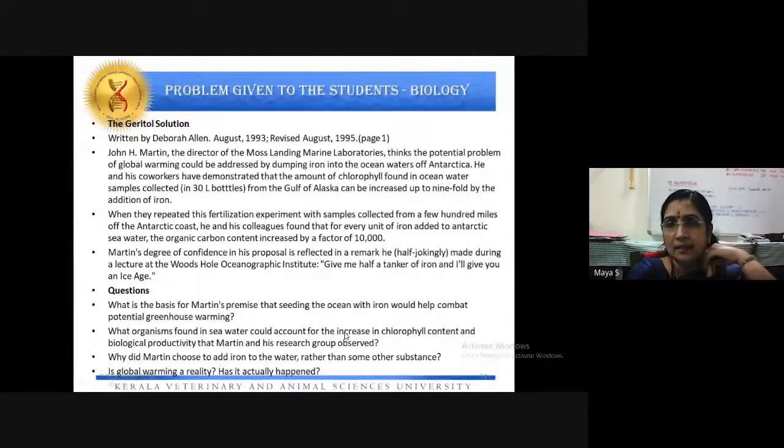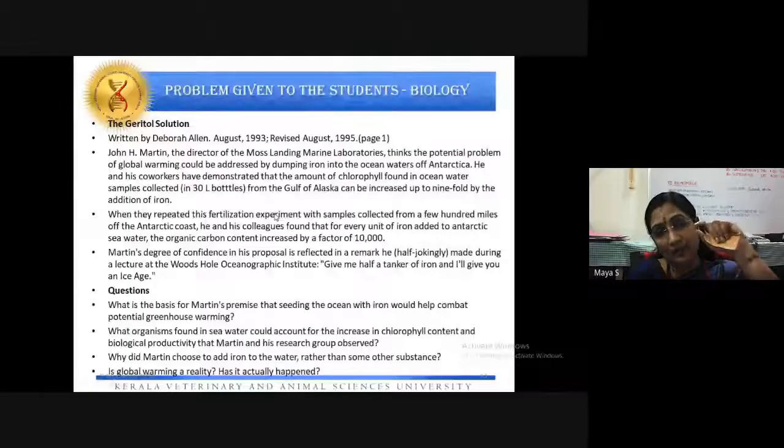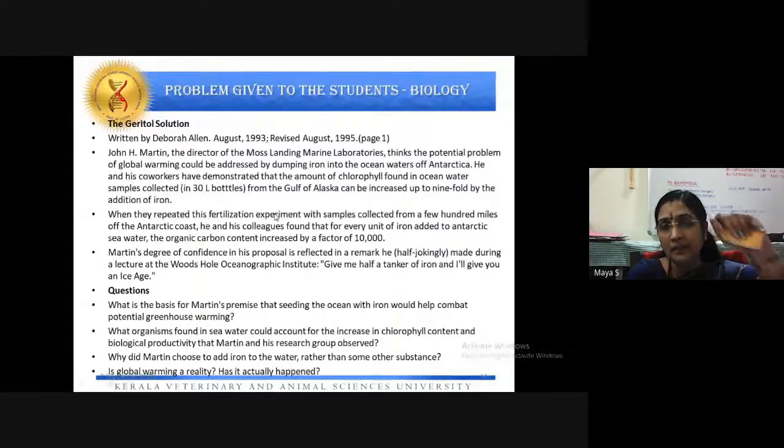The teacher will give the problem and the student has to find out what the intentions of the teacher are by giving this problem. That is the learning objective which the student has to find out. Of course, it is given as a part of the curriculum, so we are going to direct the student for self-directed learning. So this is one example.